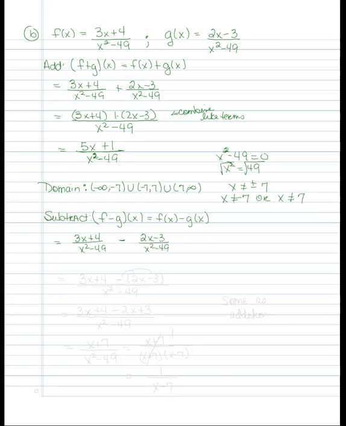The same rule applies when you're adding or subtracting like fractions: the denominators are the same, so bring your numerators together. 3x plus 4 minus 2x minus 3. I purposely placed parentheses around that 2x minus 3 because when we subtract, we're applying that negative to both the 2x and the minus 3, not just the 2x only. Keep your denominator the same.